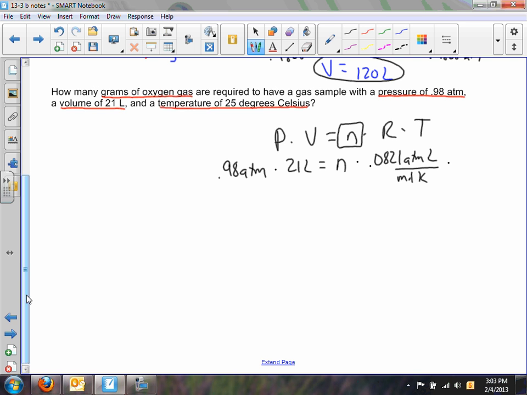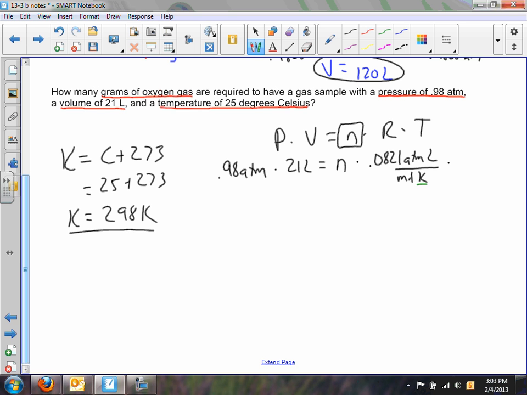Temperature, in order to cancel out these units of Kelvin, needs to be in Kelvin. So to find my Kelvin temperature, that's Celsius plus 273. So 25 plus 273 gives me a Kelvin temperature of 298. That goes right over here, 298 K.